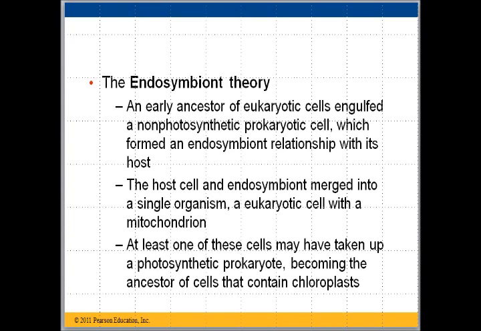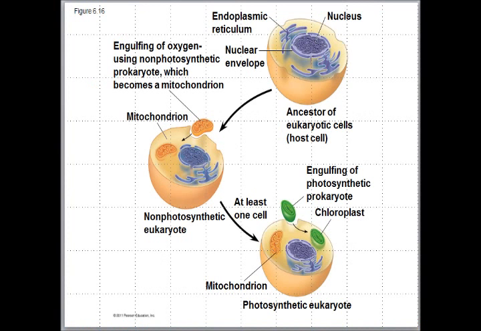So the idea would be that the mitochondria was at one time its own living cell, and the chloroplast at one time was its own living cell, and that both of these were taken in at various times in the evolutionary history of the eukaryotic cell, and they became organelles of eukaryotic cells.